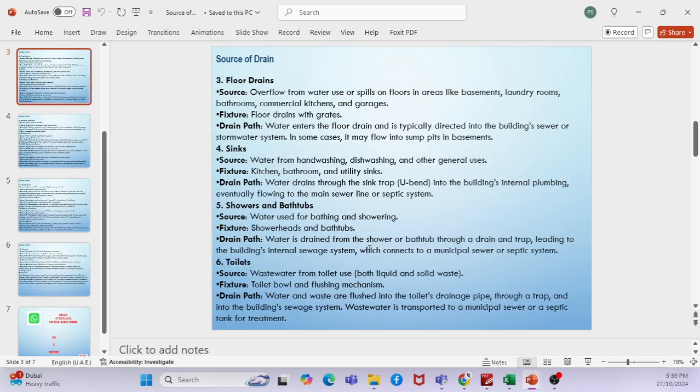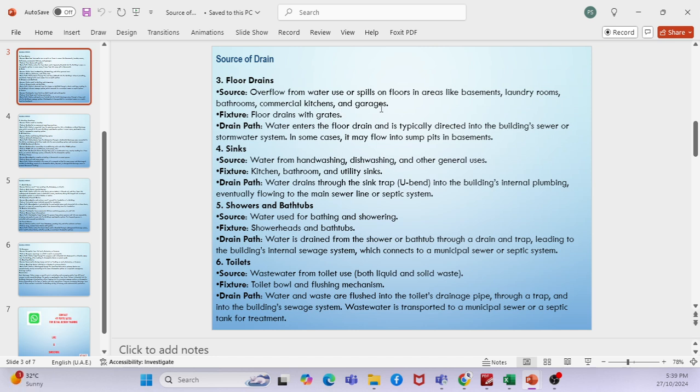So when you go further, you have floor drains. This is normally used on every floor, or wherever you have water or spills on the floors in areas like basements, laundry rooms, bathrooms, commercial kitchens, and garages, right? If you go to a toilet, you have a floor drain.